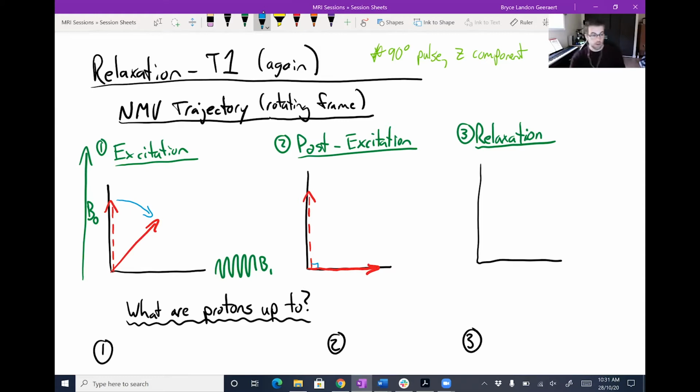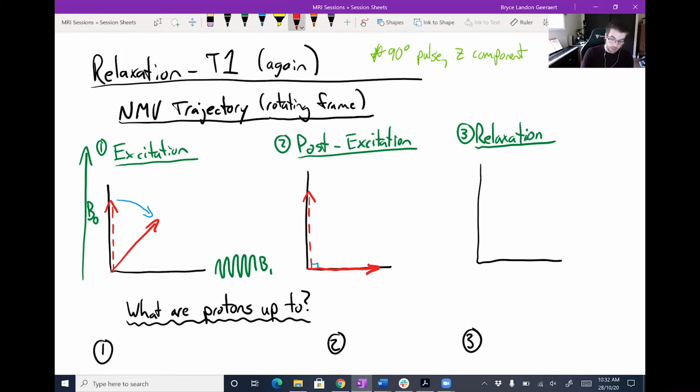What it wants to do is return to equilibrium, just return to that upwards orientation, and also precess, spin around like crazy, just because of the interaction between the net magnetization vector's current alignment and the B0 field. So it's pulling it back upwards. So immediately post-excitation, when the B1 field is gone, our NMV has been flipped 90 degrees in this example.